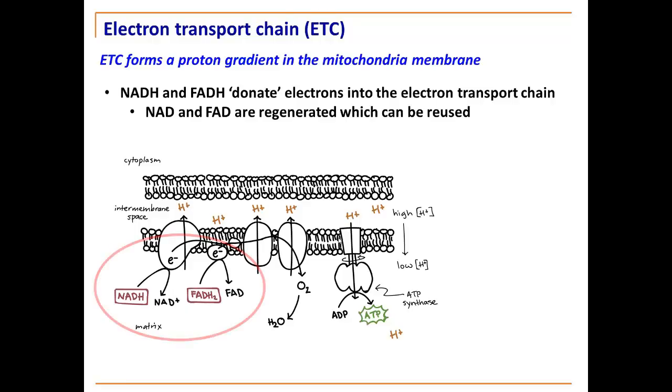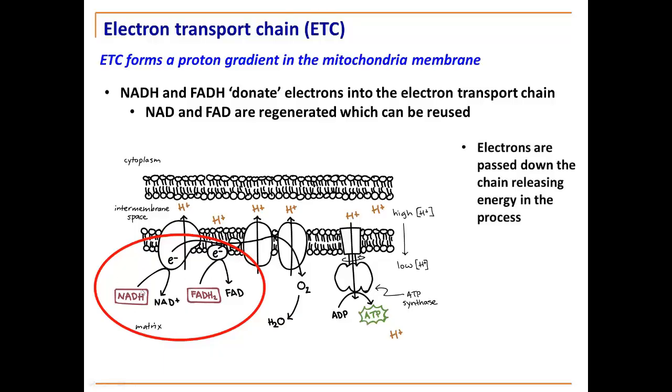But what's actually happening in this whole pathway? So this is where we're starting off. And you can see that as we start to do this whole bit of work, the electrons are passed down the chain. And as they pass down the chain, they release energy in the process. And as they are releasing energy, protons, your H+ ions, are pumped against their gradients.